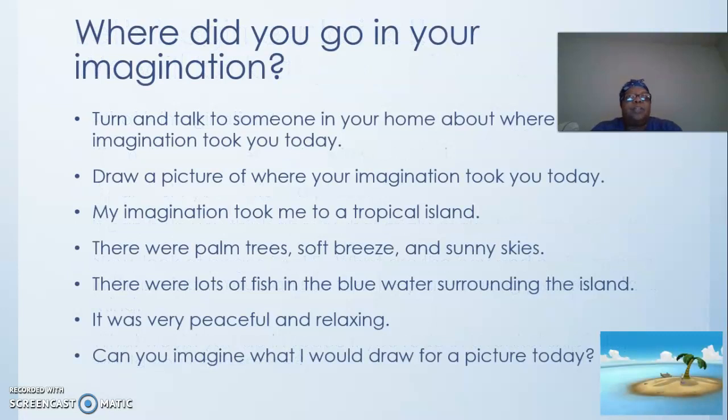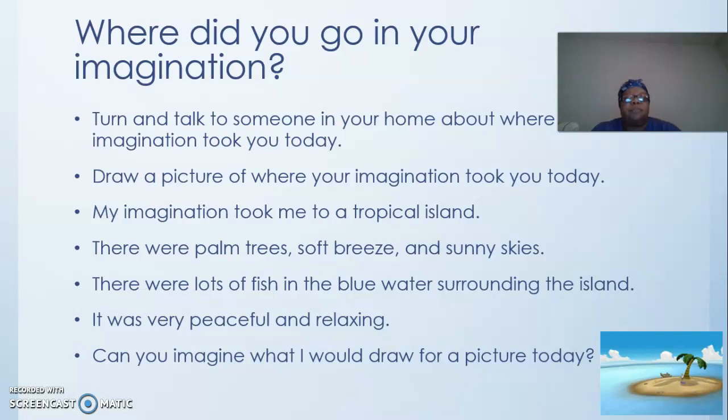Where did you go in your imagination? Turn and talk to someone in your home about where your imagination took you today. Draw a picture of where your imagination took you. My imagination took me to a tropical island. There were palm trees, soft breeze, and sunny skies.